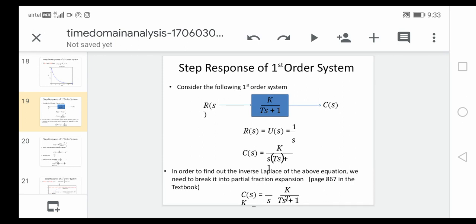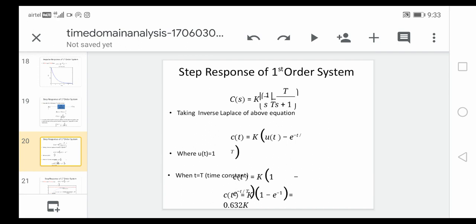After that you need to apply partial fractions, and then finally the C of t value is k into u of t minus e power minus t by tau. That value we are getting.